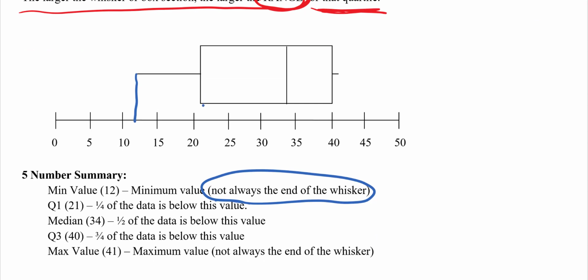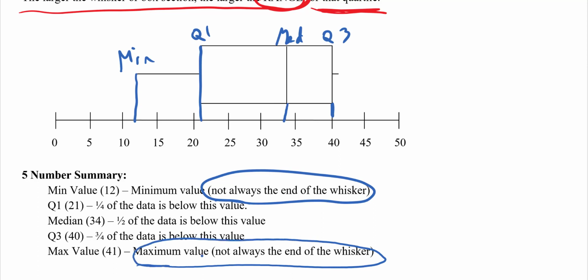So this is Q1 right here. Median is 34. So here it is, 34, and this is the median. And Q3 is 40. So Q3, and there it is, 40. And the maximum value, again, maximum value is not always the end of a whisker. It may be an outlier, but that is 41.